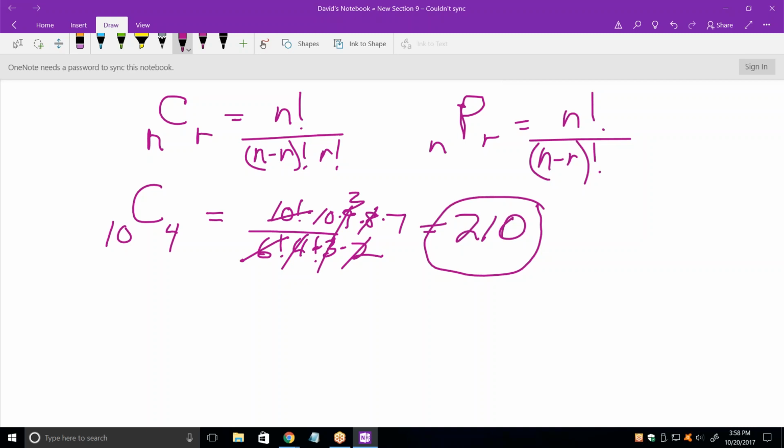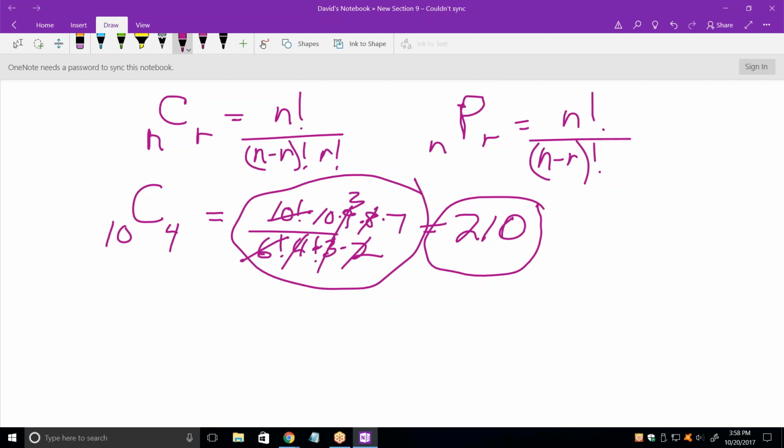I can find that out. So maybe by next session or next week, if we know that, then we'll know how much time we have to spend doing these manually. Sure. Or if you had a calculator that you could just put in 10 choose 4, it's going to give you 210 immediately. Sure. Okay.